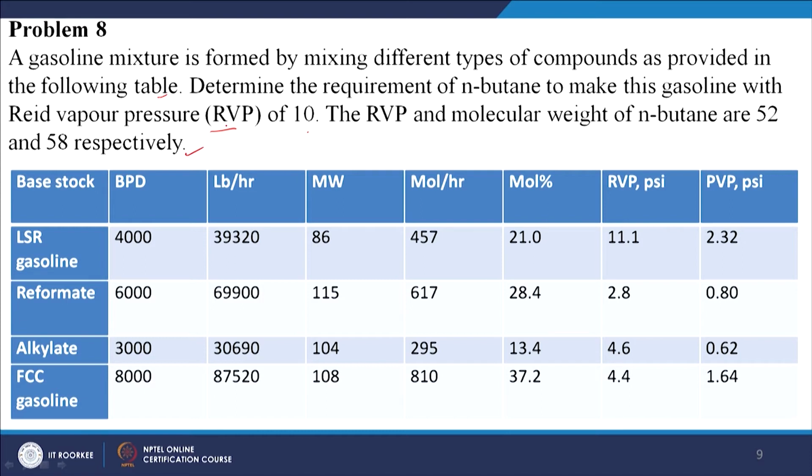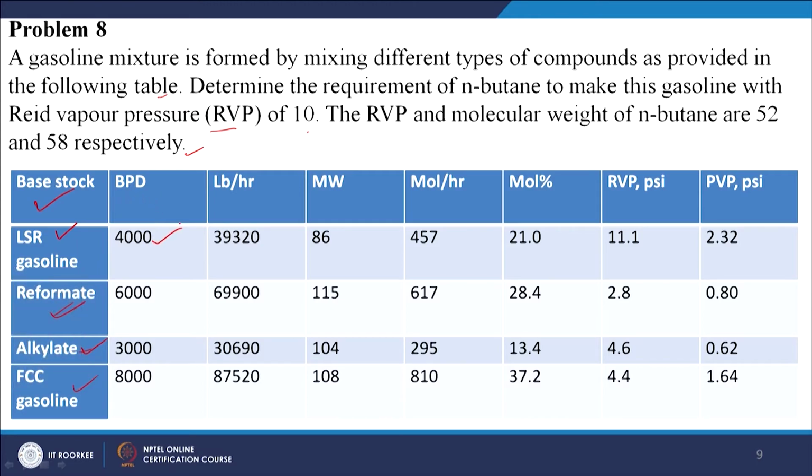So, this table shows us some data, that this is a gasoline blend, which is having LSR gasoline, and then reformate, alkylate and FCC gasoline. So, straight run gasoline and then reformate, alkylate and FCC. We are mixing these, this is barrel per day.